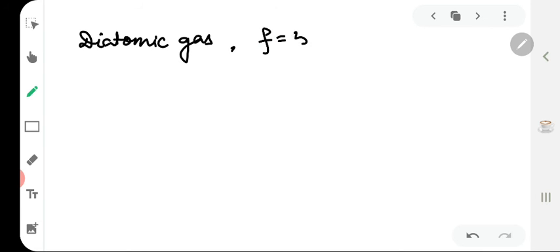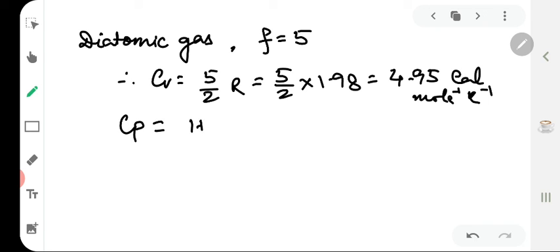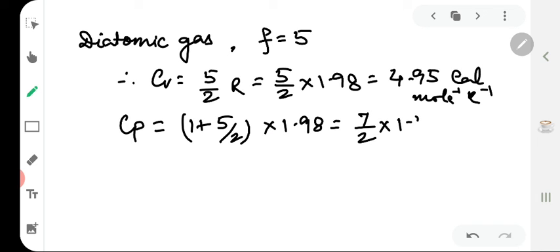For diatomic gas, F is equal to 5. Therefore Cv is 5 by 2 R, that is 5 by 2 into 1.98, that is equal to 4.95 calorie per mole per Kelvin, and Cp will be equal to 1 plus 5 by 2 into 1.98, that is 7 by 2 into 1.98, that is equal to 6.93 calorie per mole per Kelvin.